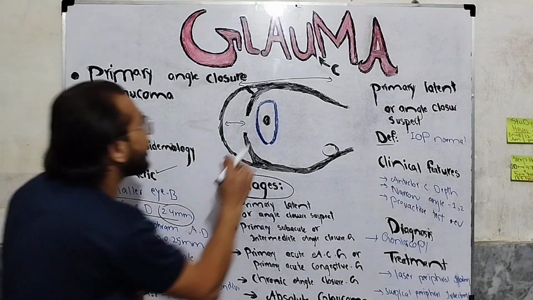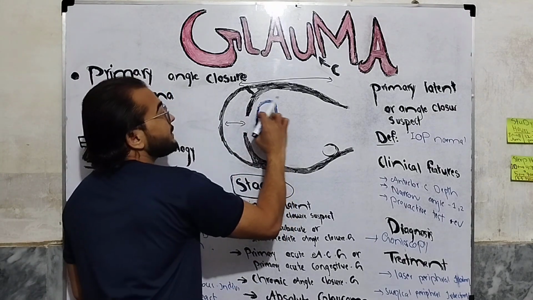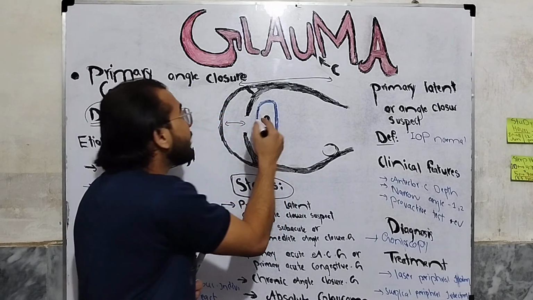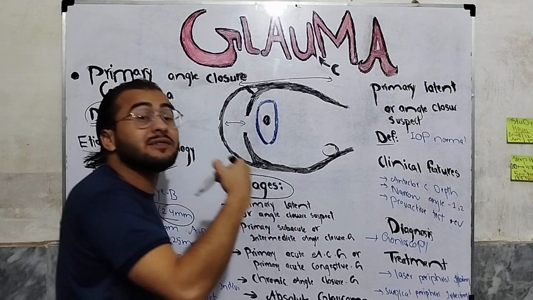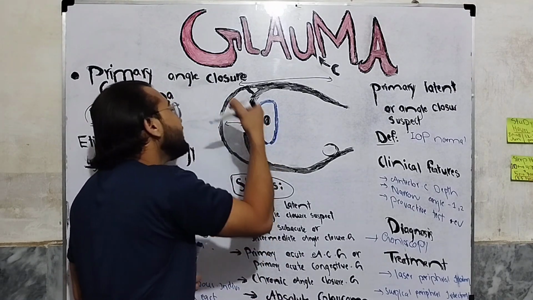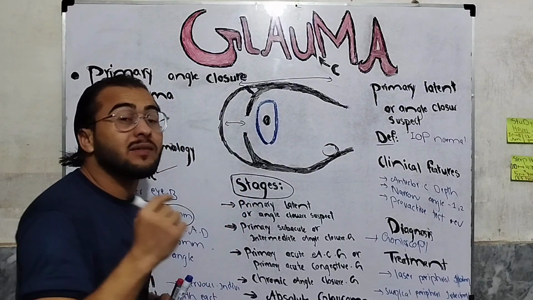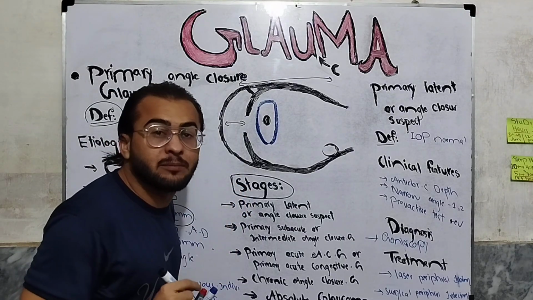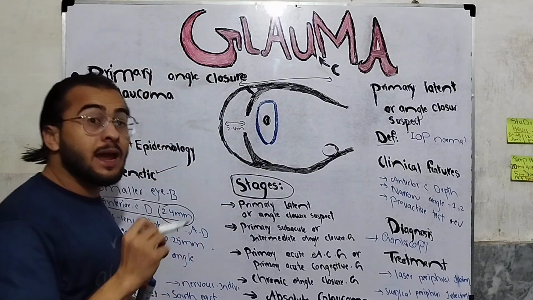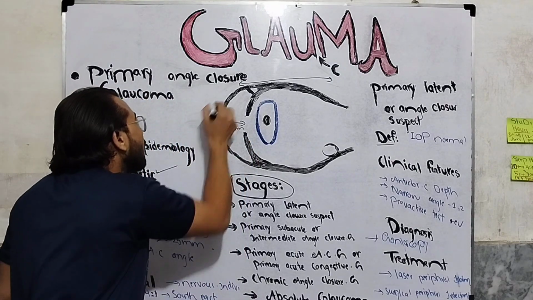This is because of the iris and the lens. The iris and lens diaphragm is anteriorly dislocated. Because of this anterior dislocation, it will reduce the anterior chamber depth, which will be no more than 2.4 millimeter. Another thing is the corneal diameter.